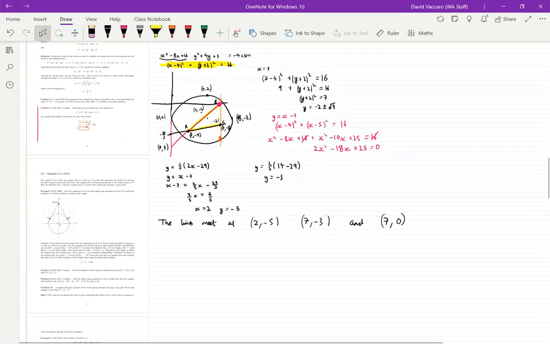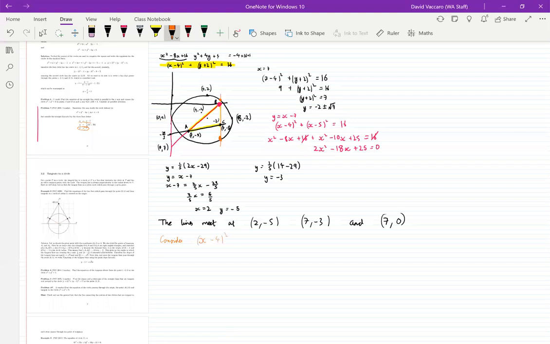Okay, so if we consider x minus 4 squared plus y plus 2 squared at each of these points, we get, for the first one, -2 squared plus -3 squared. So that's 4 plus 9, that's 13, and that's less than 16.